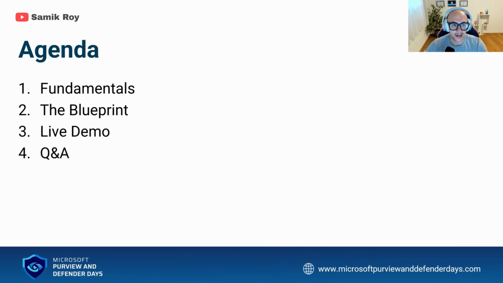And then, of course, a big chunk of the session is the live demo. We will go through the governance controls that we have for Microsoft 365 Copilot. And in the end, we should have some time for Q&A. If you have any questions during the presentation, please feel free to use the chat. We'll look in the chat afterwards and answer your questions.